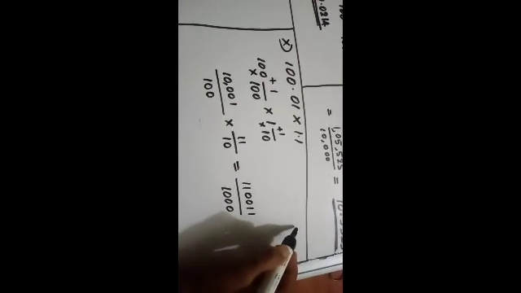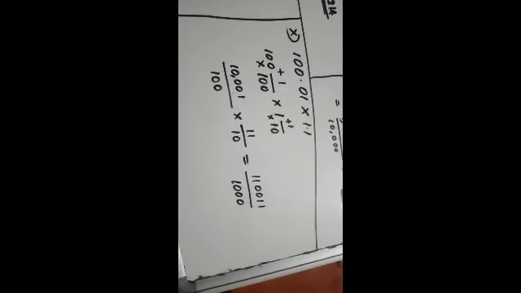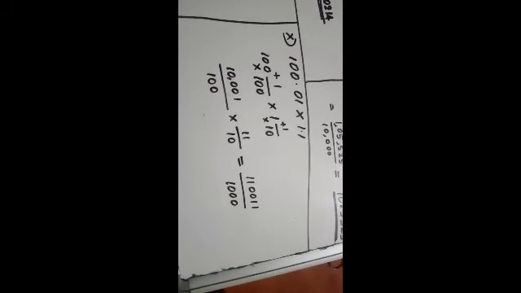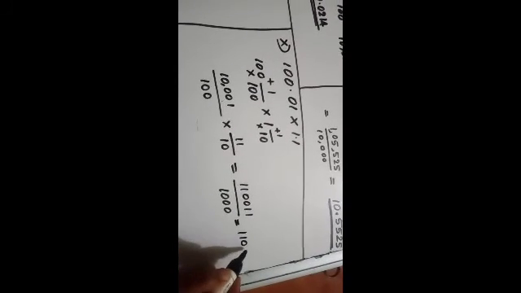Hope you understood, or you can do by the side. Here now we have got the fraction. It is easy to write in the form of decimal. Why? Because here there are 3 zeros in 1000. So you can leave 3 places and write 110.011. Hope you understood how to do the decimal multiplication.